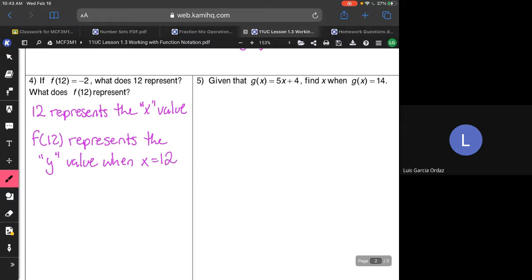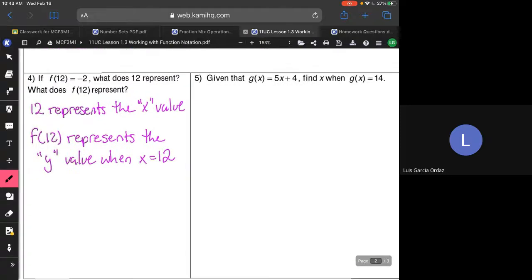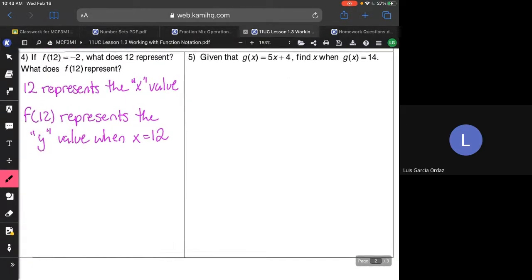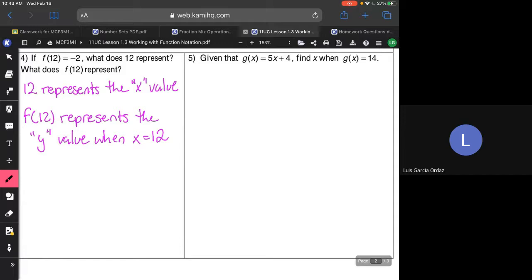I think we have that last one. Yep, that's going to be number 5, the last one. So then last but not least, I have, given that g of x is equal to 5x plus 4, find x when g of x is equal to 14.